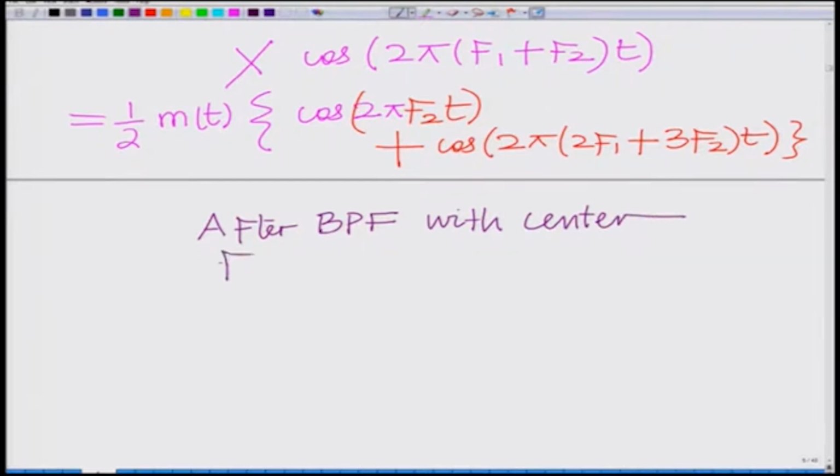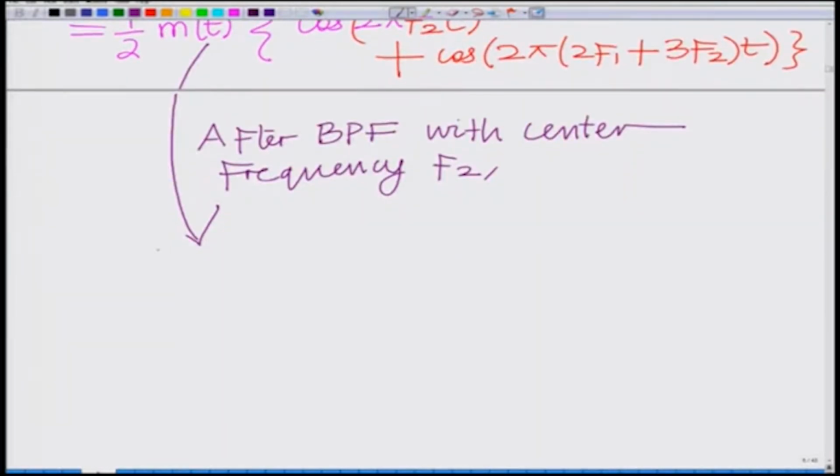After band pass filtering with center frequency f2, what we obtain is half m(t) cosine 2 pi f2 t.